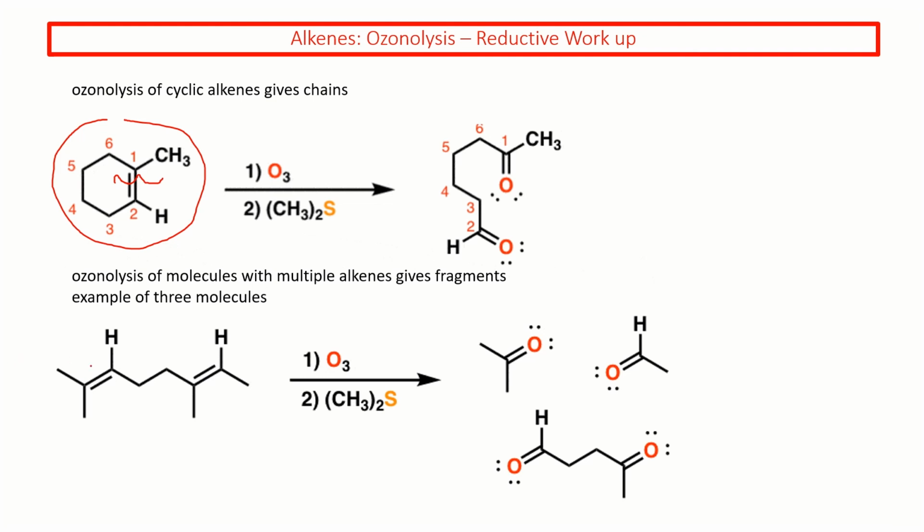Herein we have two double bonds, and so we end up with cleavage here and here. Three molecules: you can see that 3 is a ketone, 1 is an aldehyde, and 2 has two different carbonyls on it.